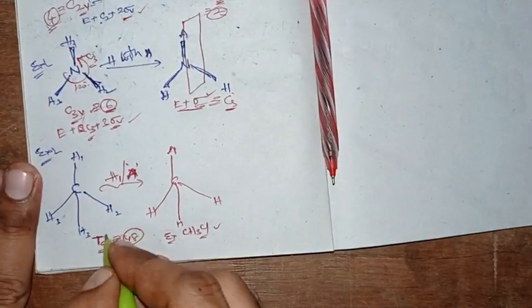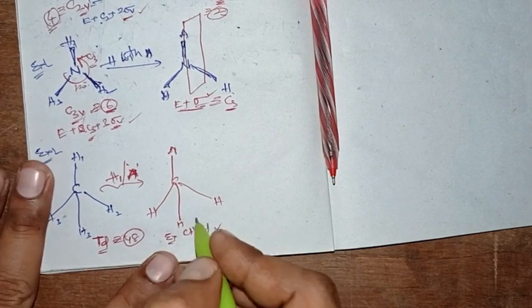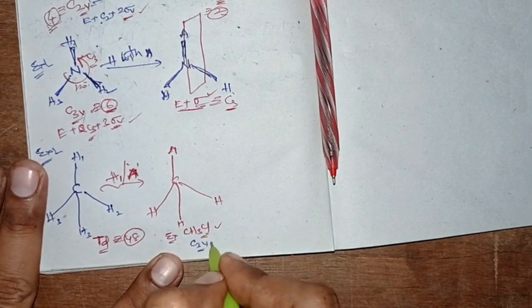Here, H1 is substituted by chlorine, giving chloromethane, and its point group is C3v.